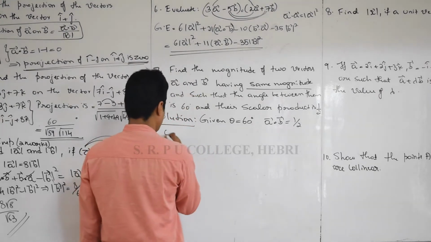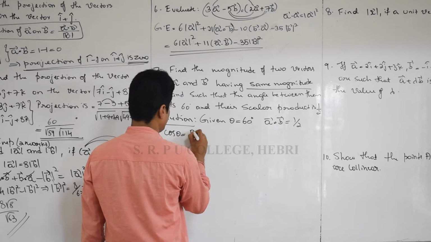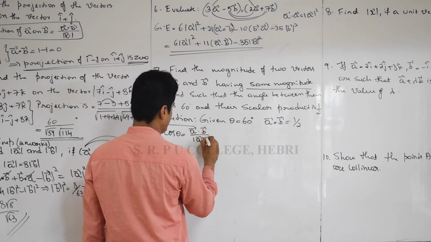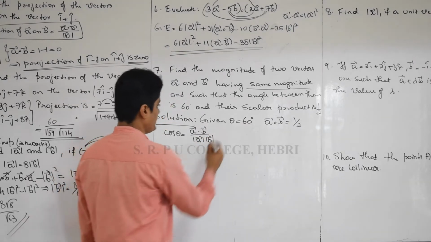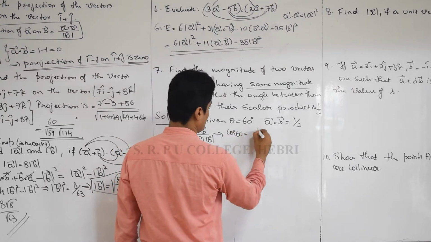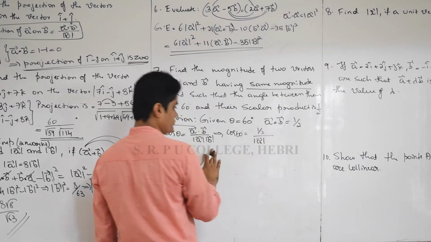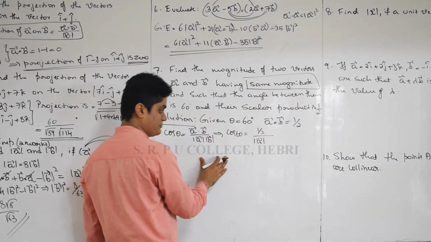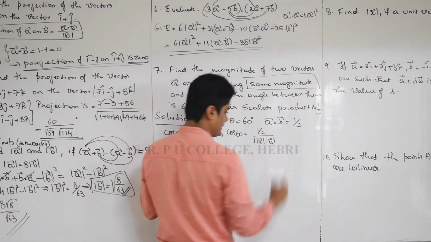So definitely you can use this formula: cos theta equal to vector A dot vector B divided by magnitude of vector A into magnitude of vector B, because you know the angle theta. Substitute. So this implies cos 60 equal to half by magnitude of vector A, and also you know that the magnitude of both vectors is the same, so I can replace magnitude of vector B by magnitude of vector A, correct?